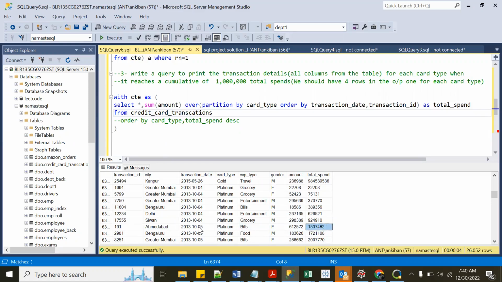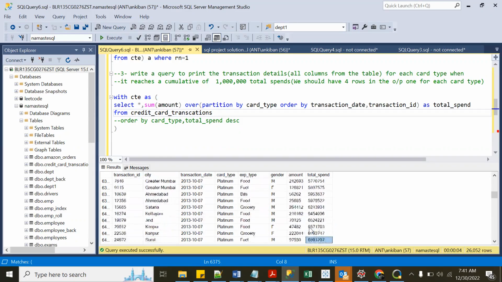Are you guys able to follow me? So I am doing a cumulative sum, right? 22,052, then this one, then this one, then this one, then this one, and this one. So basically, I need this row for platinum because here it is reaching 1 million of sales, right?